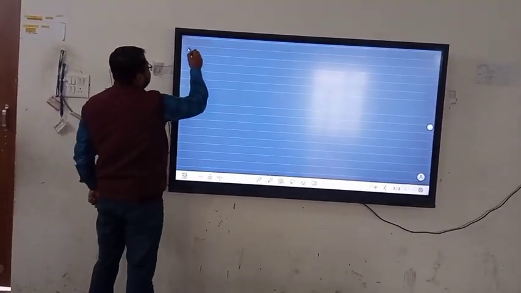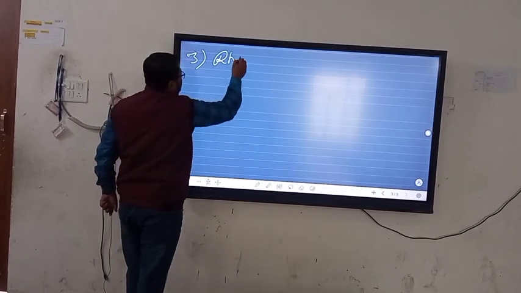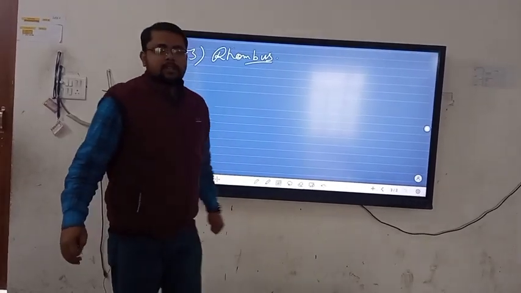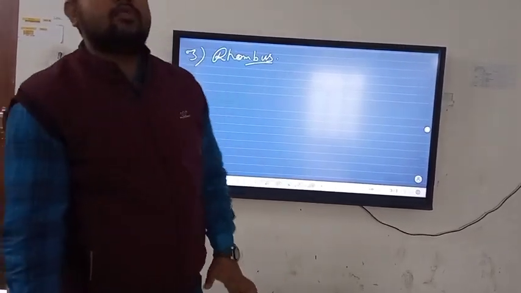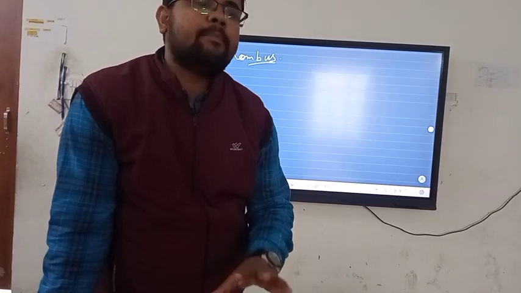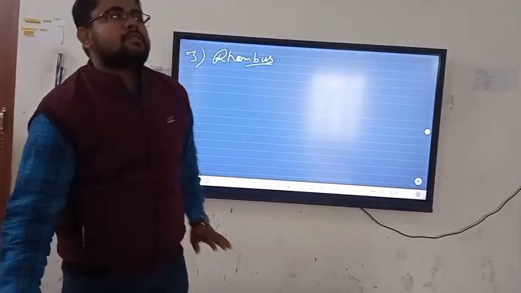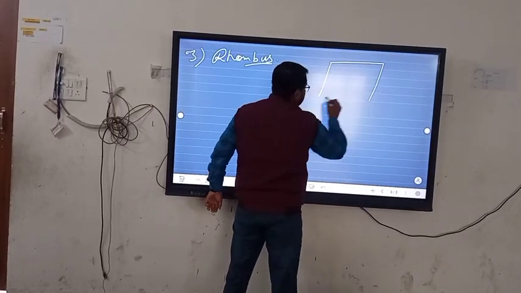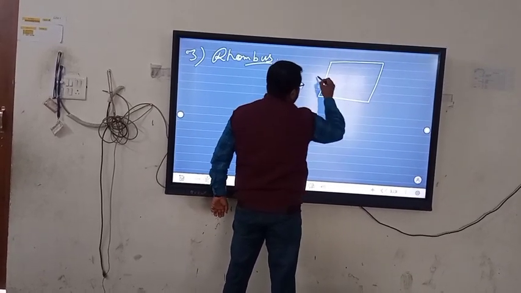After that, rhombus. Rhombus, the figure whose all sides are equal and parallel is known as rhombus. Just like this. All sides are equal.